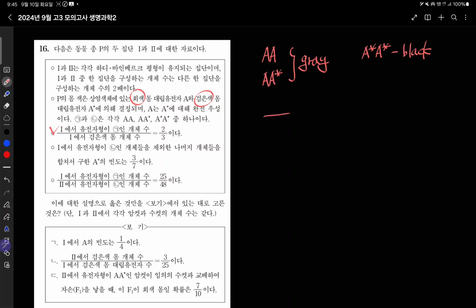So the number of individuals with a black body color in population 1, let's say the size of population is n, and for the black color, if the frequency of A asterisk allele is q, to have a black color, it should be q squared.